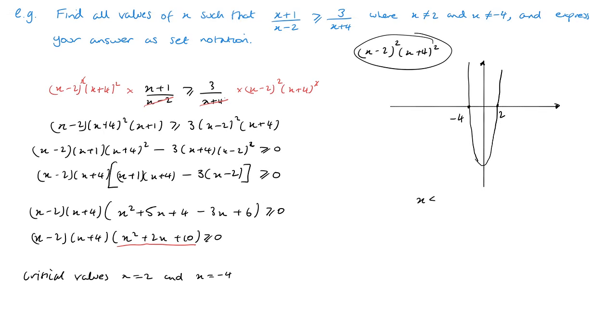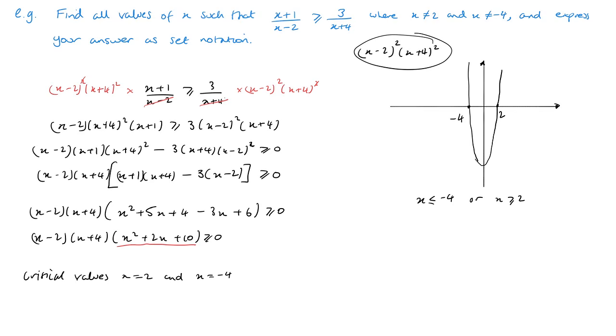So x is less than minus 4, or x is greater than 2. Okay, so that's when it's going to be above 0. It includes 0, so just double check, but it should include these two values. Okay, but you might need to stick them in just to check.